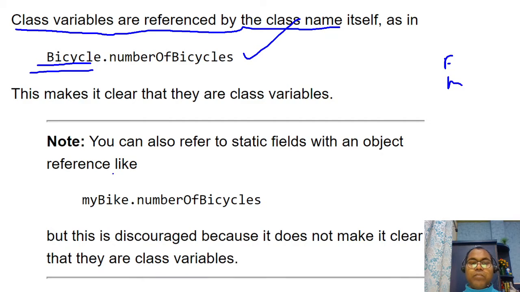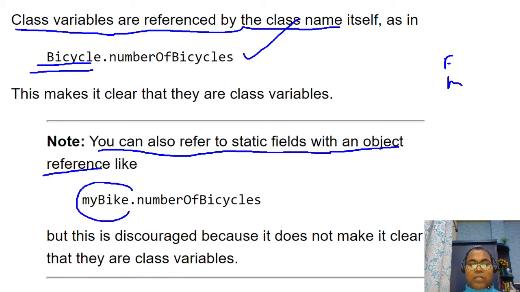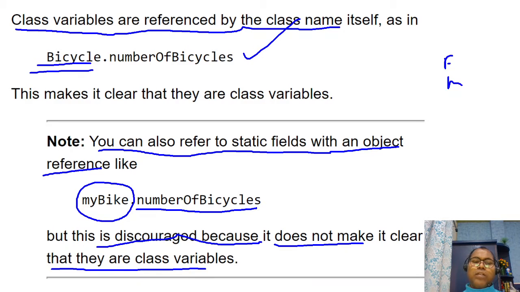Sometimes you can also write code to refer to a static field with an object reference like this. But this is generally avoided. The reason it is discouraged is that it doesn't make sense: this is a class variable, a static data member, which must be accessed by the class name only.